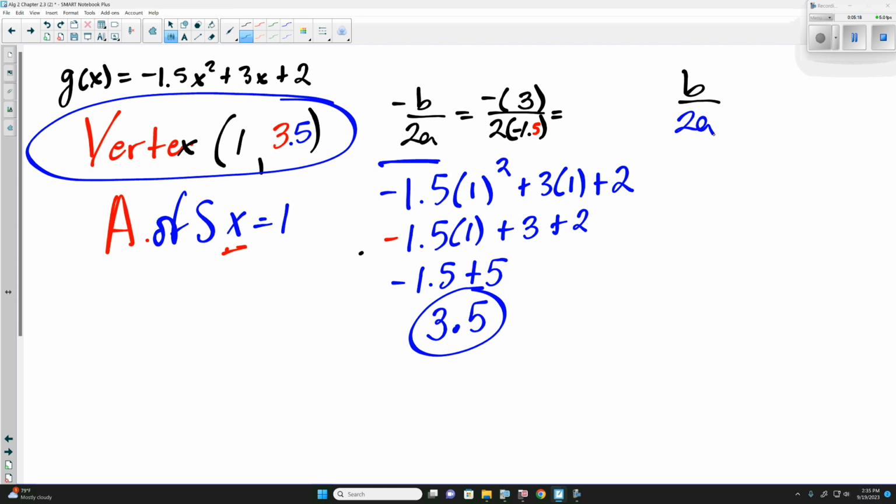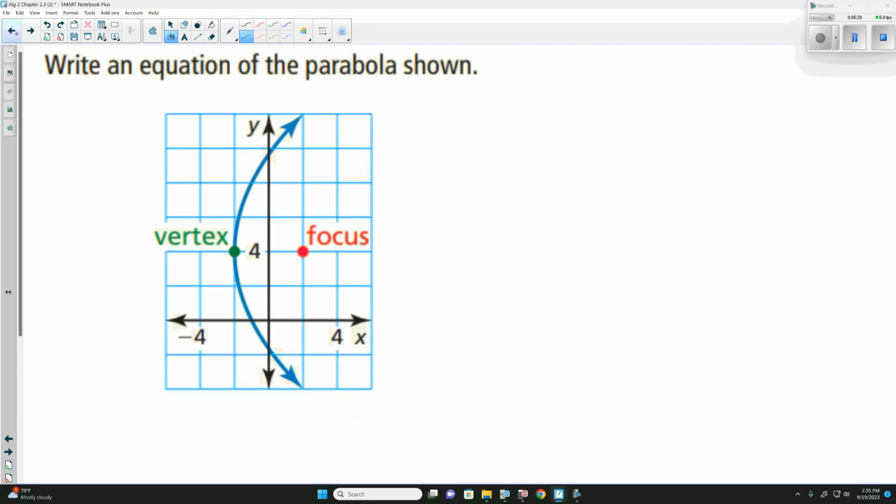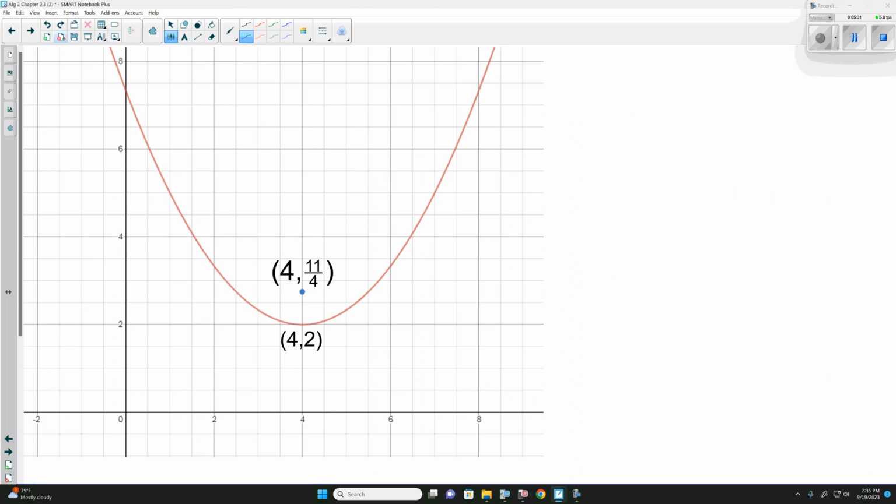Questions on this? We have our note sheets from yesterday. Vertex and focus.